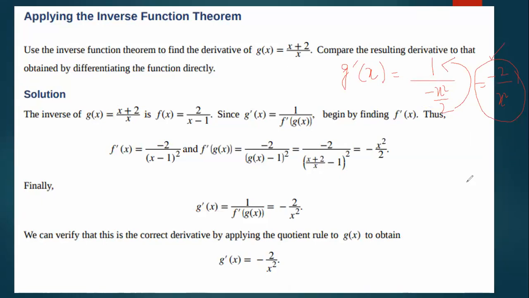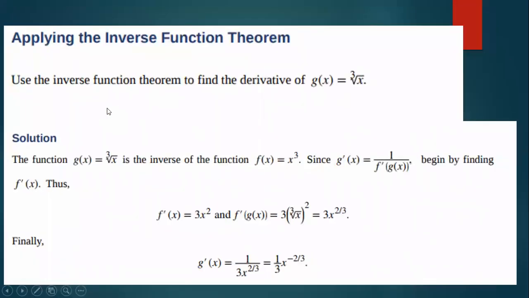We can verify that this value equals the correct derivation by applying the quotient rule. Okay, so we can also find it with the quotient rule, and this is the method of how to find it by applying the inverse function theorem. So I have the inverse function theorem to find the derivative of a given function.